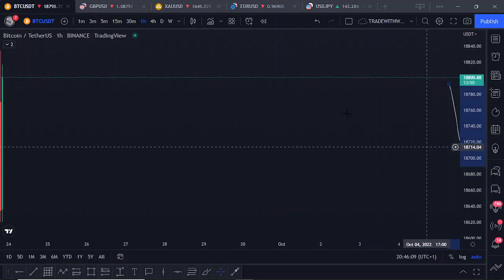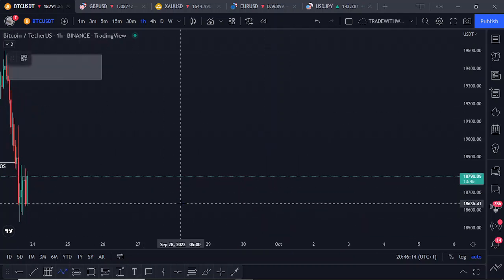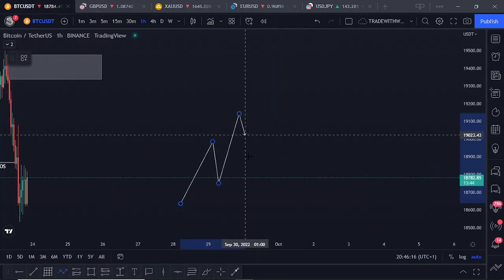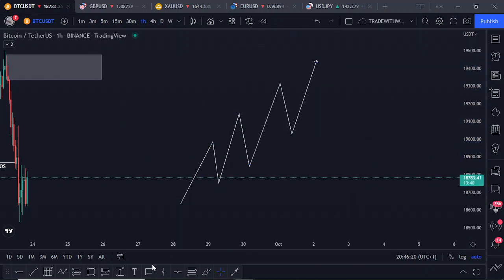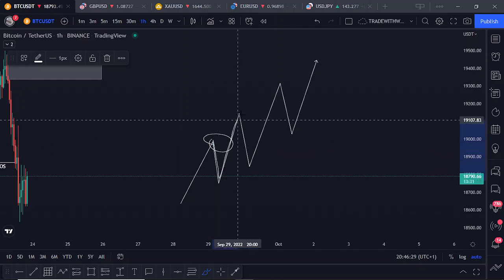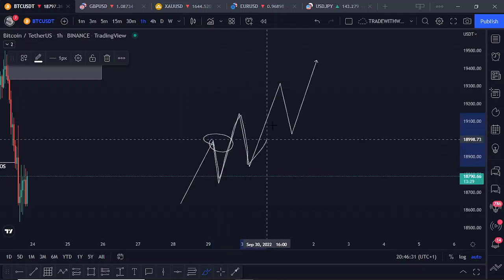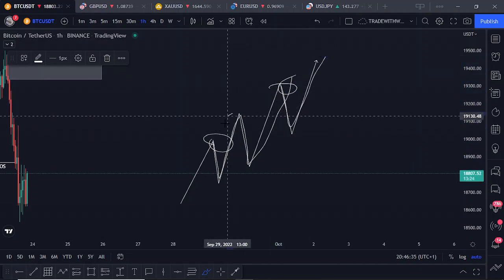Yes, you can identify liquidity also in a trending market, but this one is not really common, but it is also very important. You can see sometimes, not every time, these breakout zones are areas of liquidity. That's why it breaks out aggressively most of the time, because the market is grabbing liquidity over here.